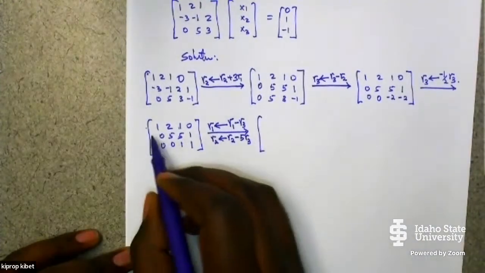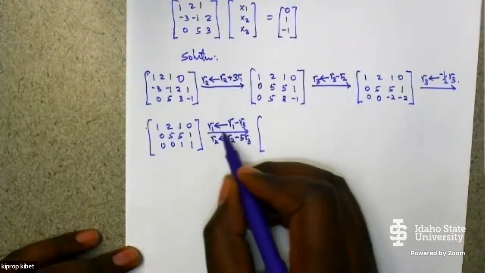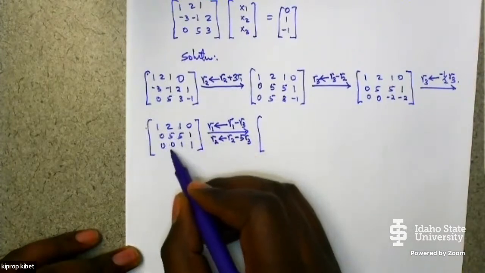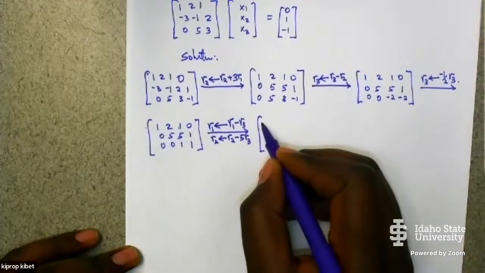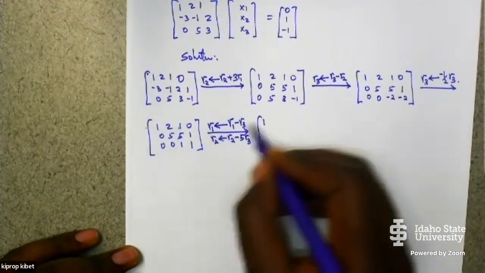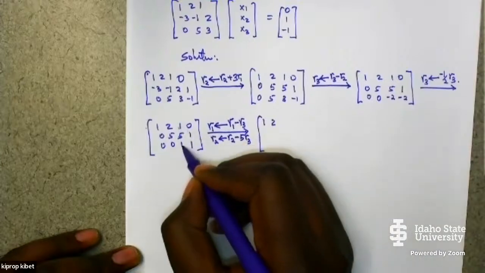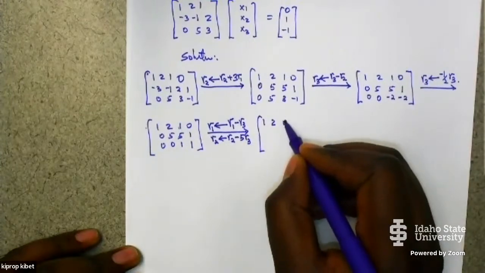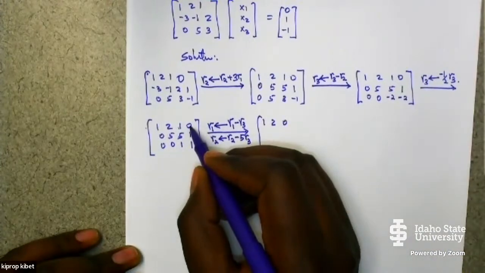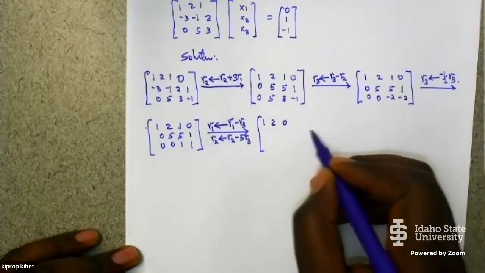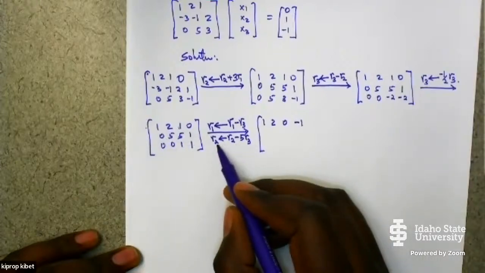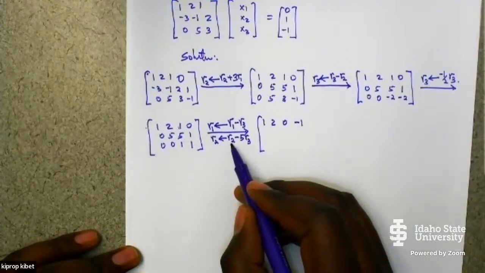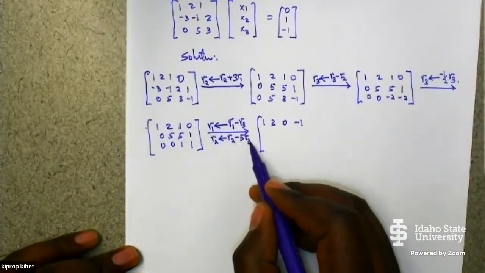So let's start from the first one here. R1 is R1 minus R3. So this is 1 minus 0 is 1, 2 minus 0 is 2, 1 minus 0 is 1, and then 0 minus 1 is -1. And then our new R2 is R2 minus 5 R3.